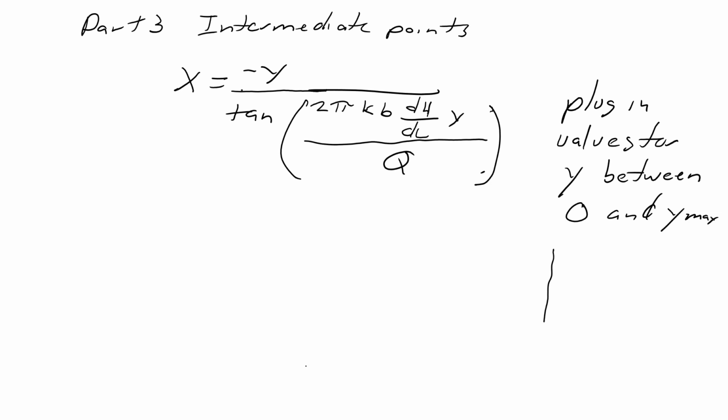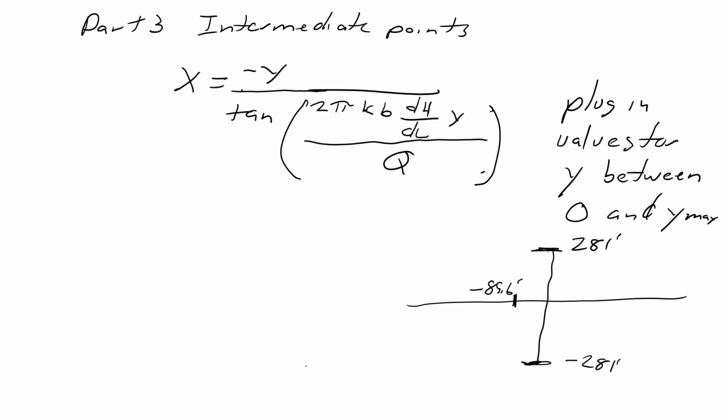So remember, we have our stagnation point, we have our plus and minus y max. This was 281 feet. This was negative 281. This was negative 89.6, all in feet.